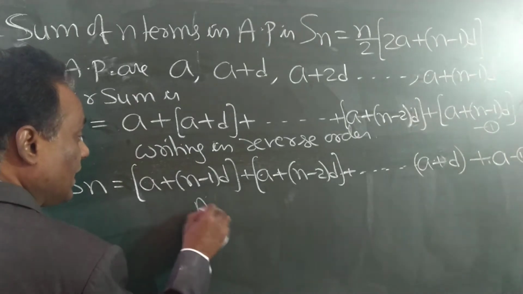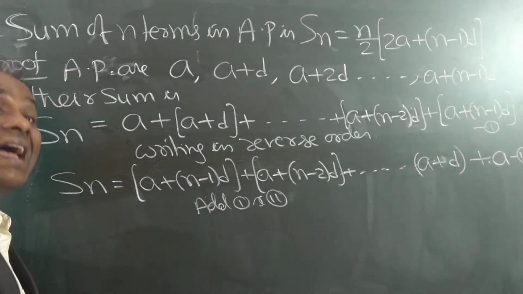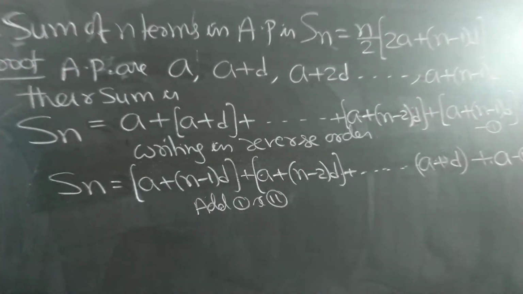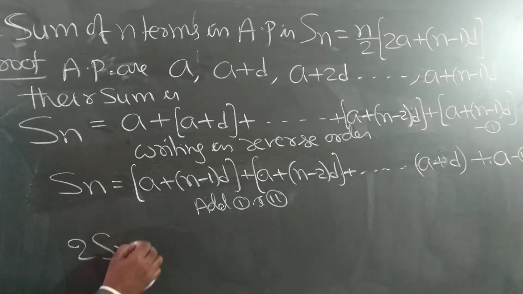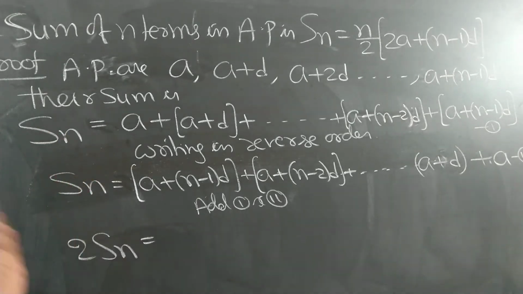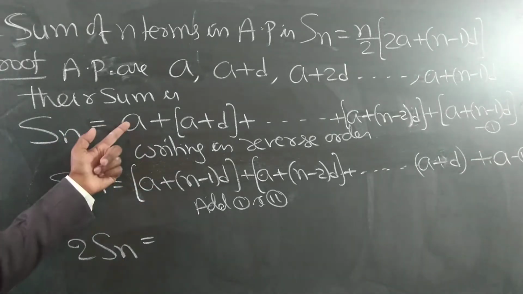Now add 1 and 2. Sn plus Sn is 2Sn. This plus this, this plus this.